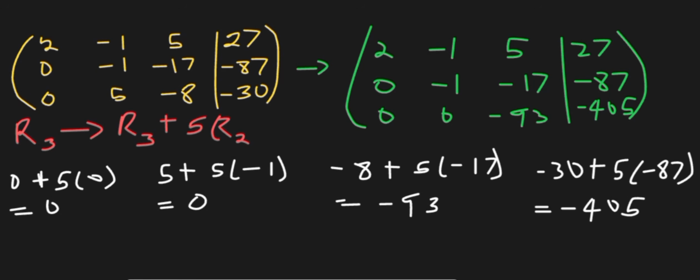Next, we want to make the pivots in row 3 to become 1, and that will be through dividing the row 3 by negative 93 or multiplying row 3 by 1 over negative 93.